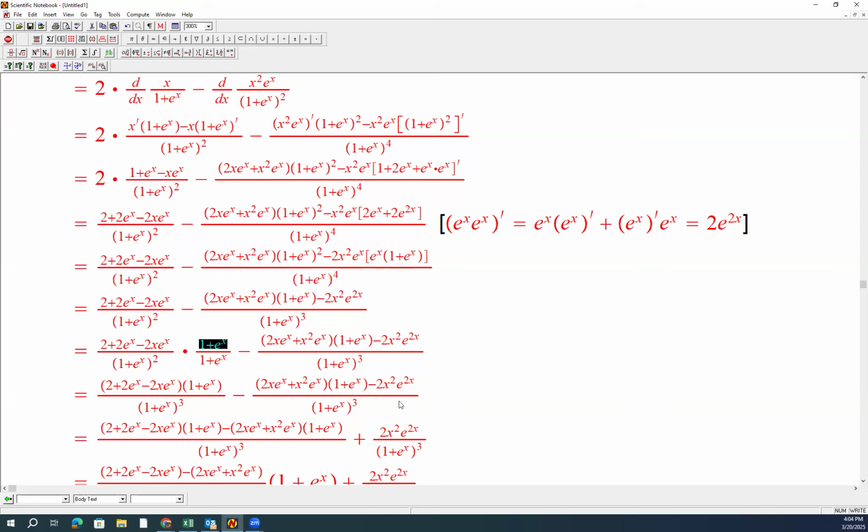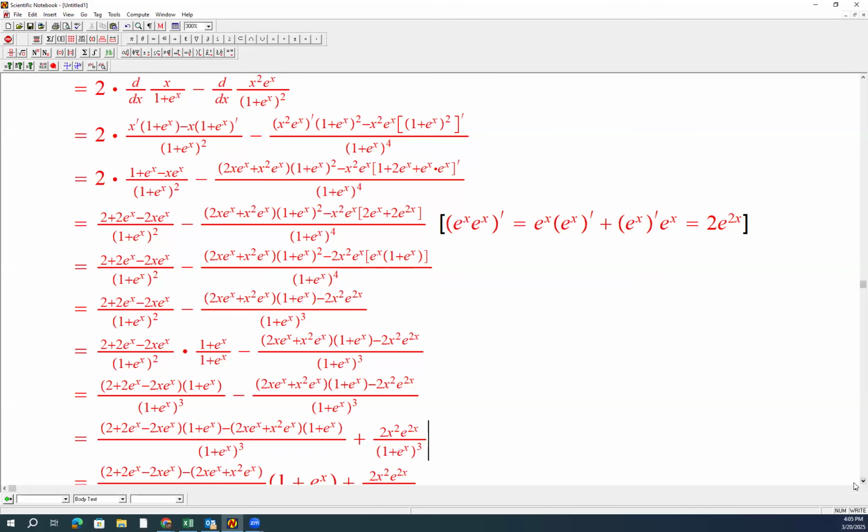Now we have the same denominator, but looking ahead, we notice that this piece and that piece have a common factor, which is 1 plus e to the power x. Okay, so because they have the same denominator, I take this piece and subtract this piece. Okay, so we got here. Then you say, how about the other part? The other part, I still keep them separated, but this is a negative. There's a negative here, so it's a plus.